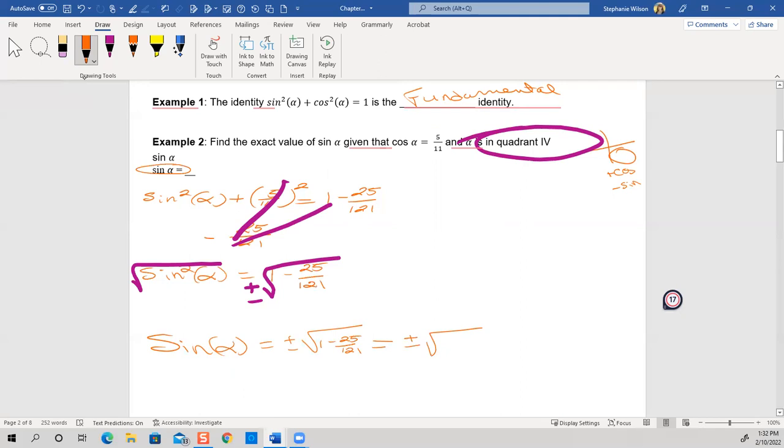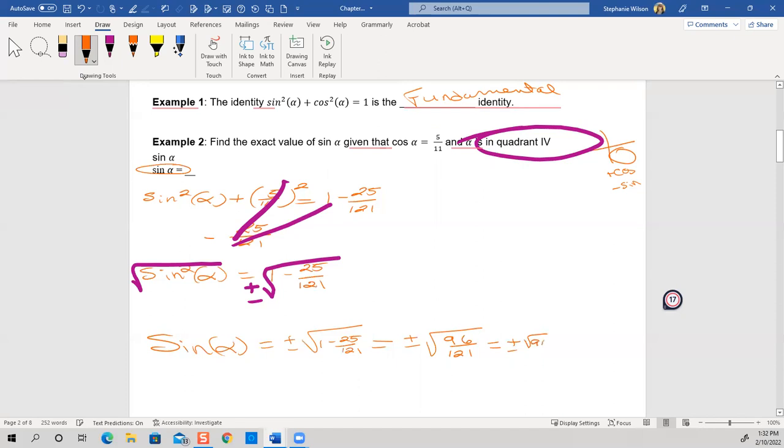In order to add or subtract fractions, you have to have a common denominator, and in this case the common denominator would be 121. I'm going to leave it in fraction form for right now, because after I clean it up, I know that my denominator is a perfect square, so yay. And plus, we're not supposed to have a root in the denominator as our final answer.